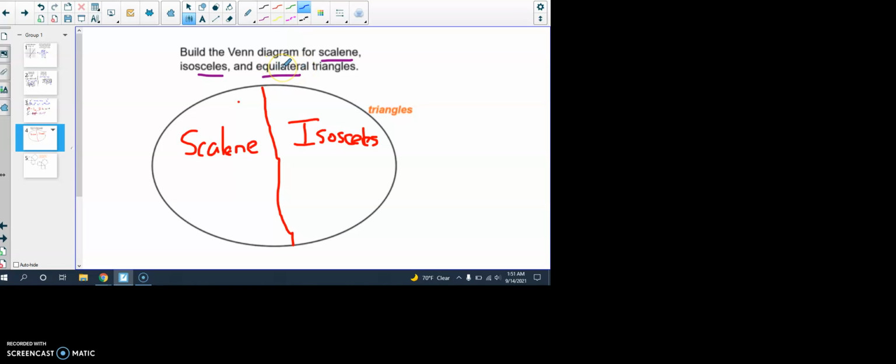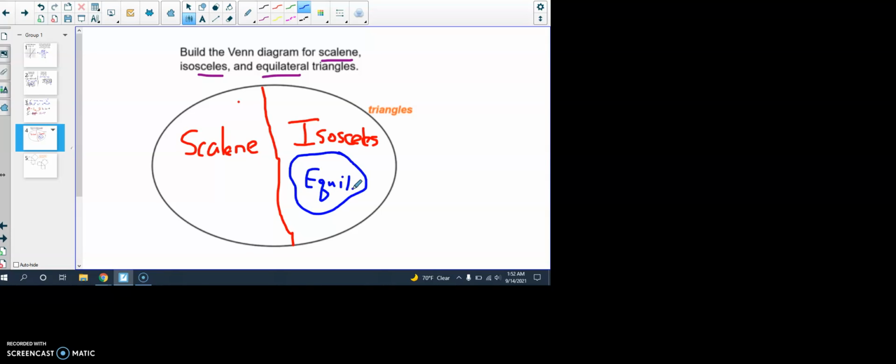The third triangle is equilateral, and because an equilateral triangle always has 3 equal sides, and isosceles have at least 2, that means the equilateral triangle is a special case, very similar to a square being a special case for a rectangle, because all squares have 4 right angles, and a rectangle by definition is a parallelogram with right angles.